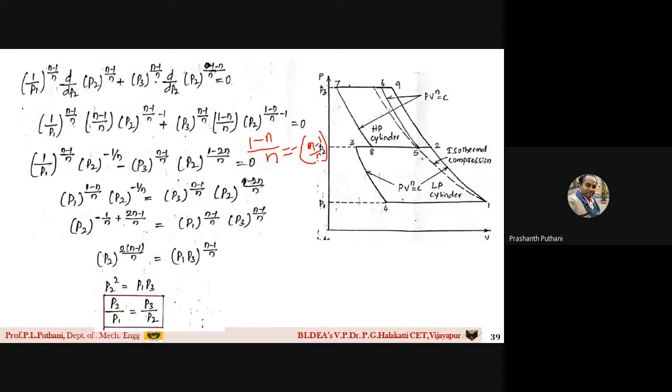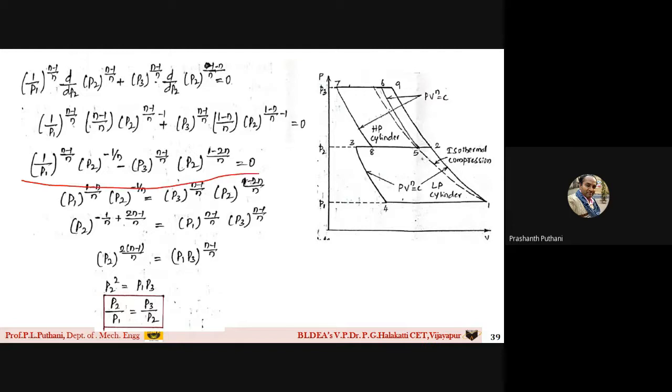So that is the reason why the minus sign is coming instead of plus. And once I write this, this gets cancelled, even this gets cancelled. That is (n minus 1)/n, on both sides it is common, it gets cancelled. The final, it is in this form.